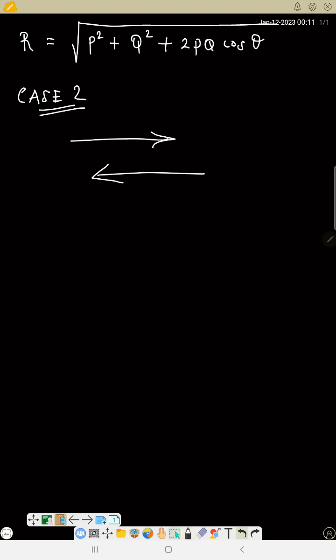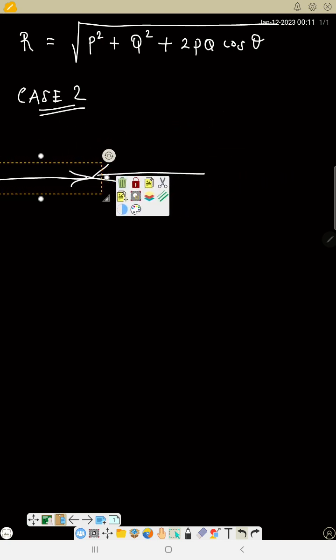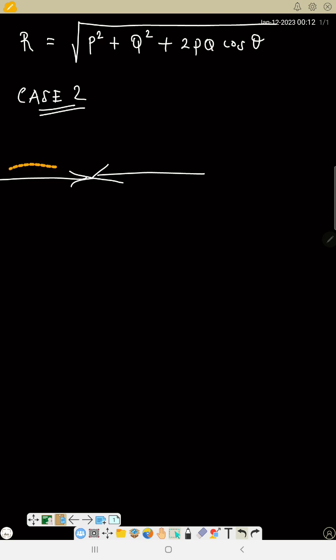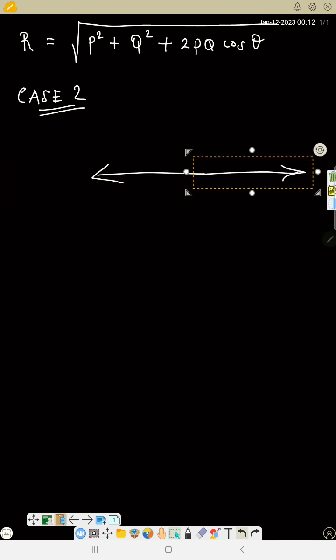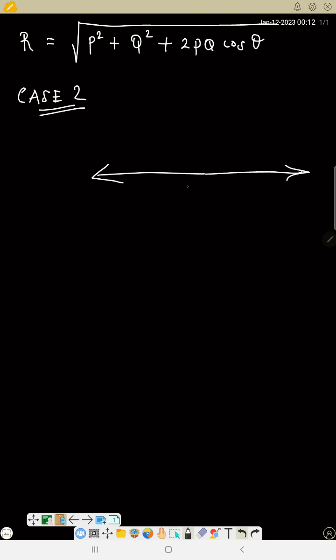Now, if I try to move any of these vectors, I can move it like this. If I move it this way, angle cannot be formed here because it is head to head. But if I move it this way to this place, angle can be formed here, and that is angle 180 because the angle is formed tail to tail.